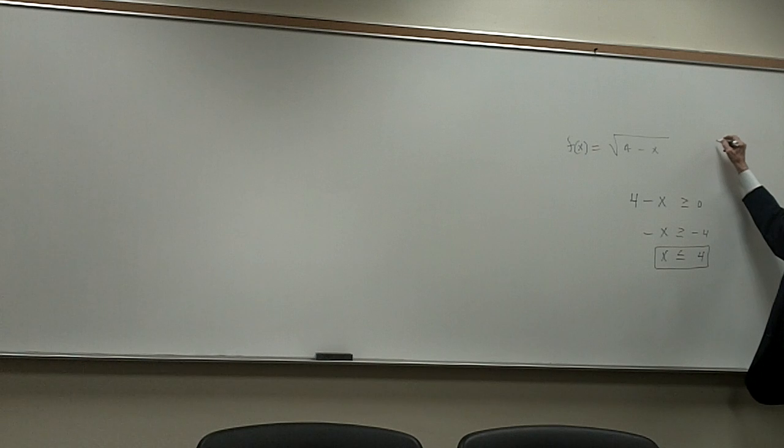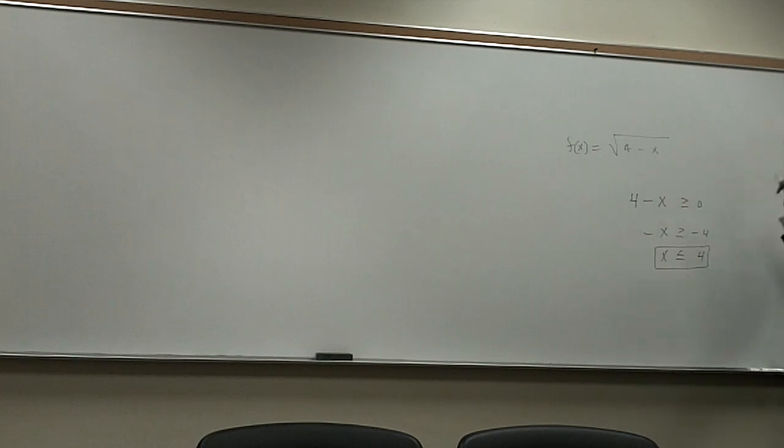And so you know it's gonna start up and go. It'll look something like, when x is 4, 1, 2, 3, 4, it looks like that. So it's from 0 all the way up forever and ever. Does that make sense, everybody?